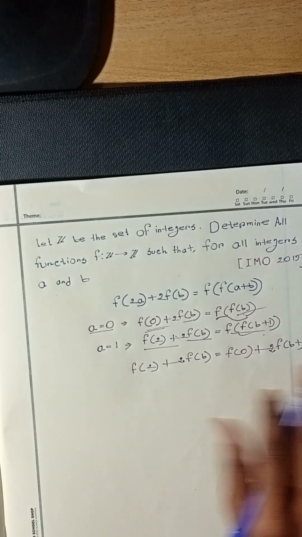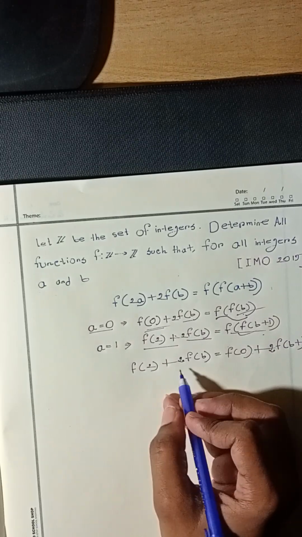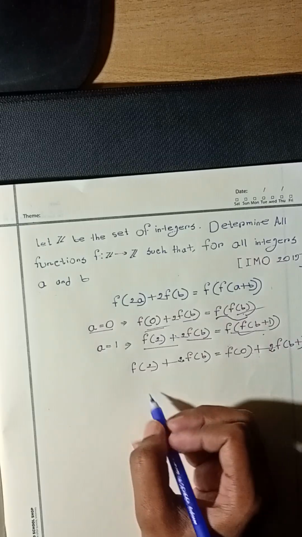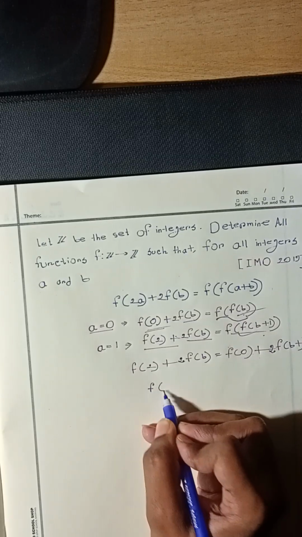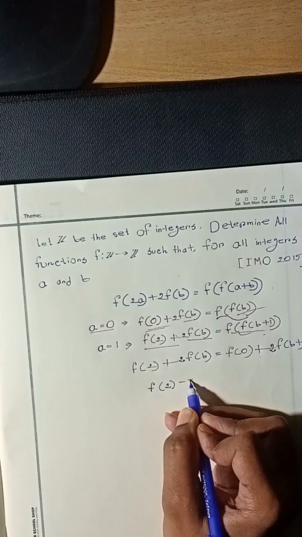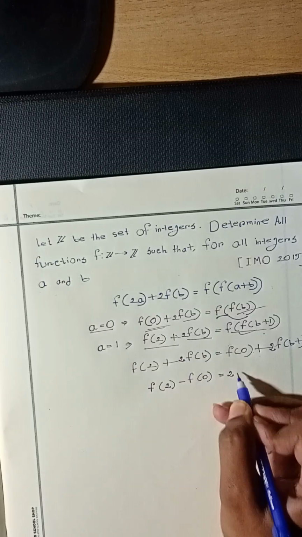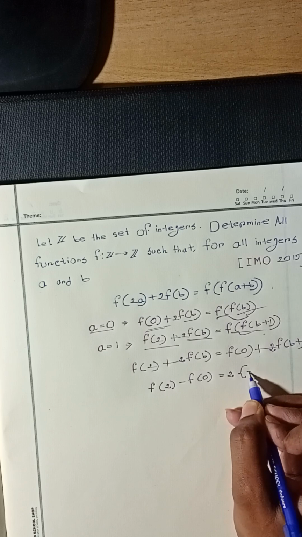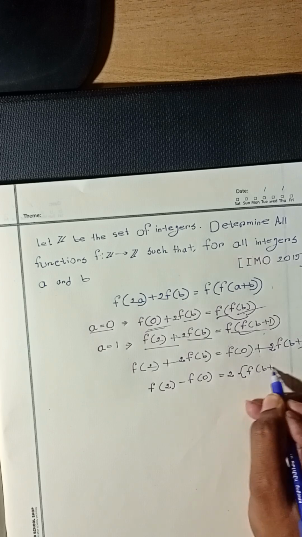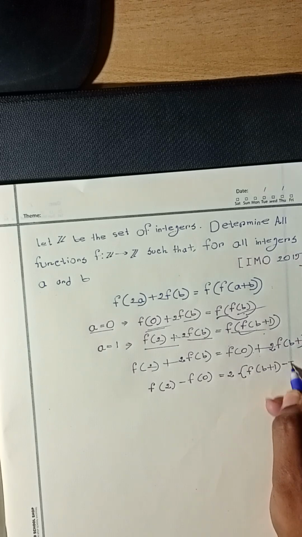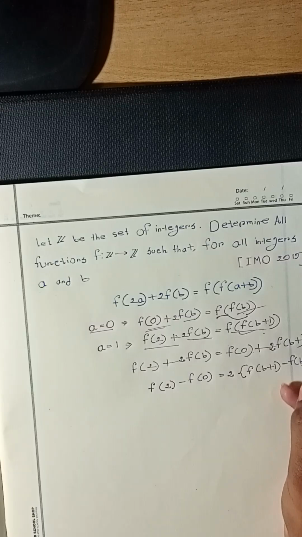Okay, so it's easy. Now let's shift the terms. We would get f(2) minus f(0) equals 2 into f(b + 1) minus f(b). Okay, so it's easy.